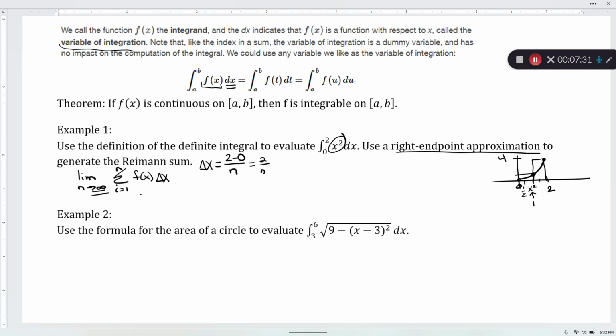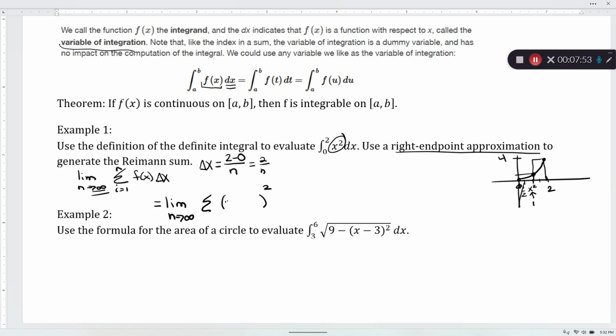The first rectangle is going to happen at the function's value squared. Now, the first rectangle's height is not happening at 0. It's happening at 1 width over, right?